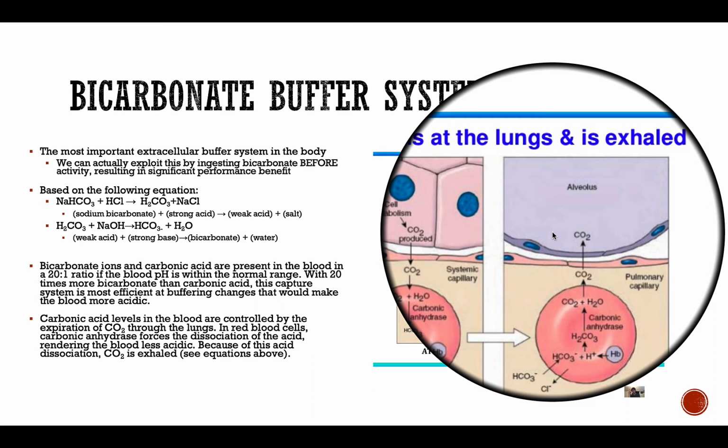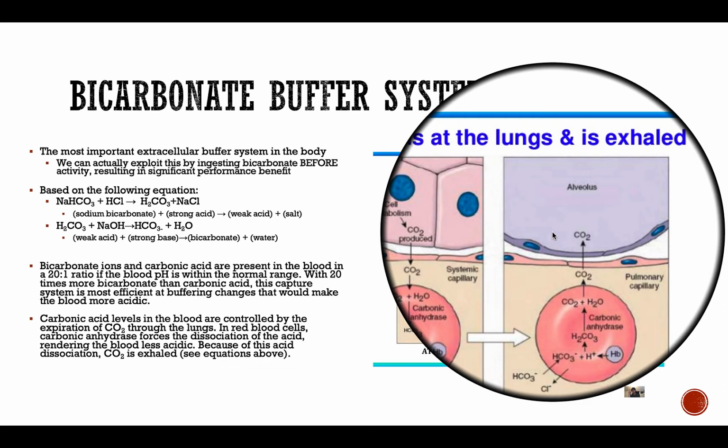In the big picture, the major thing that I want you guys to understand is that we're able to use bicarbonate to buffer CO2. That bicarbonate can be transported throughout the blood, offsetting the acid load. Then when we get closer to the lungs, we can flip the script and eliminate that CO2.